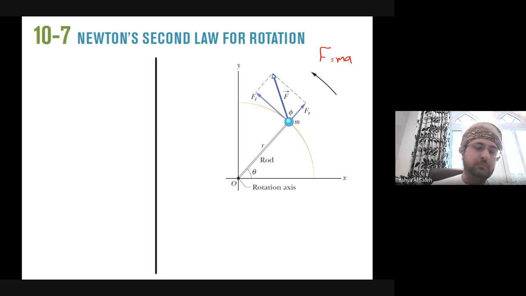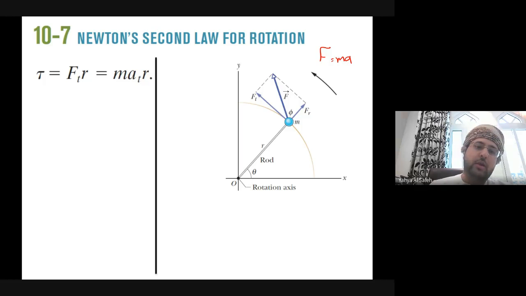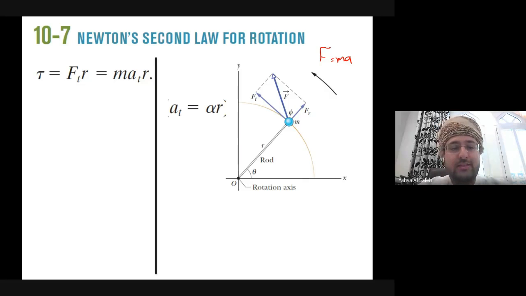Well, we know torque is equal to F_t r. We know F is equal to ma, so torque is equal to m a r. We also know that tangential acceleration is equal to alpha r.